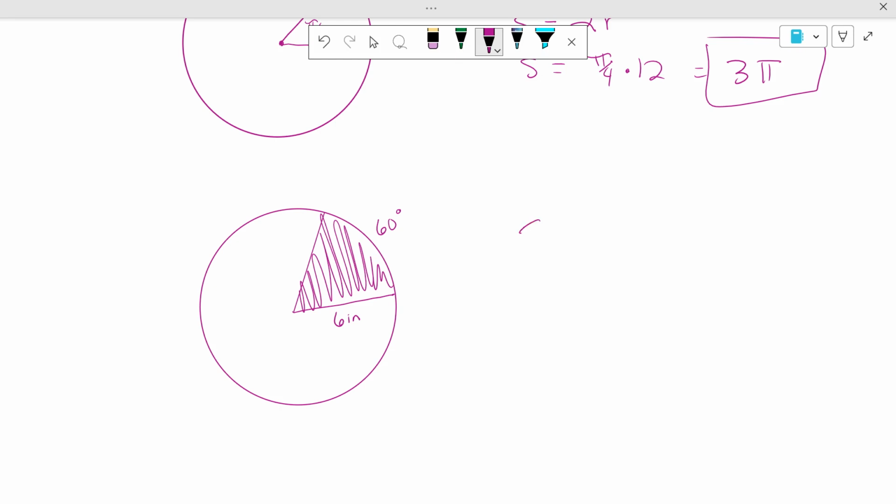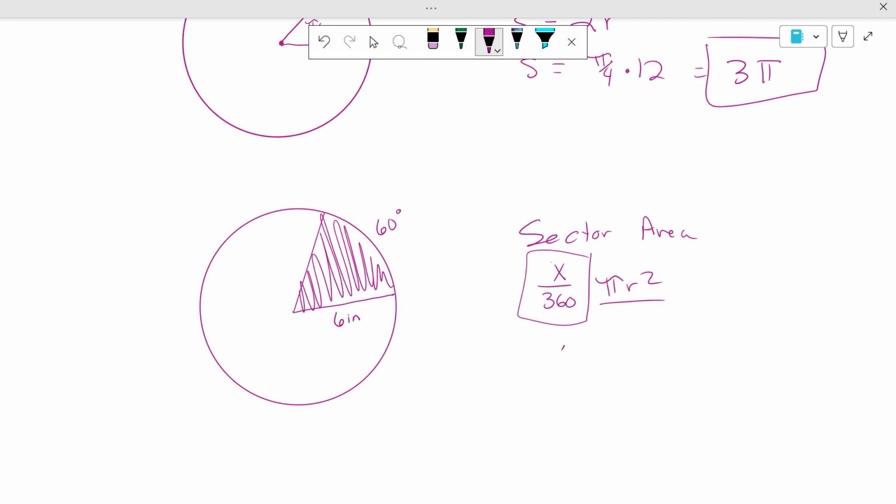Okay. Sector area in geometry is just the part of the area, so it's the angle over 360 times pi r squared. This is the percent of the area.